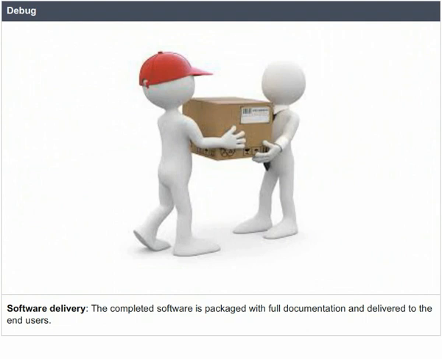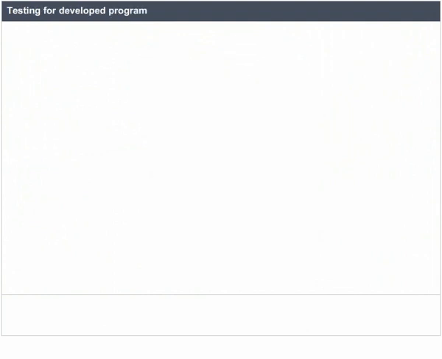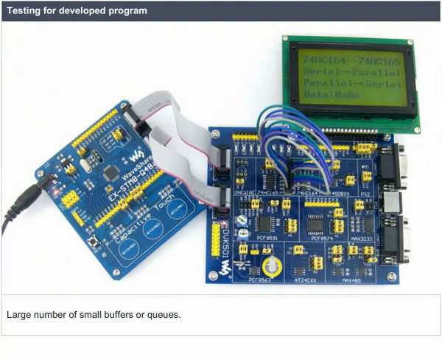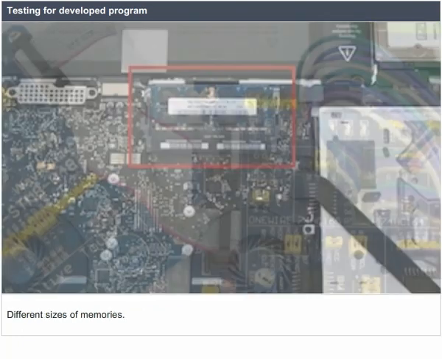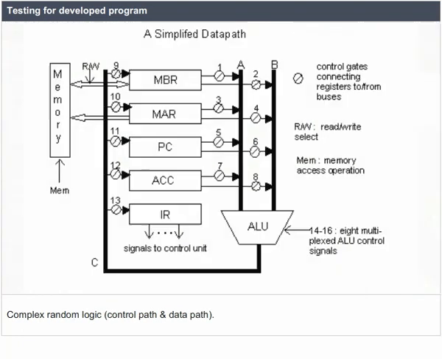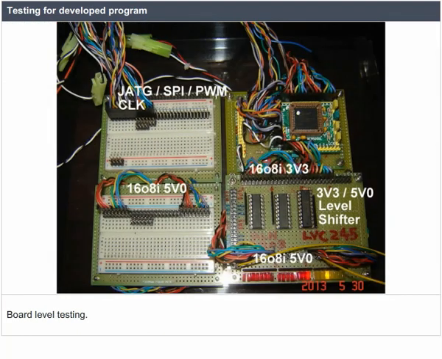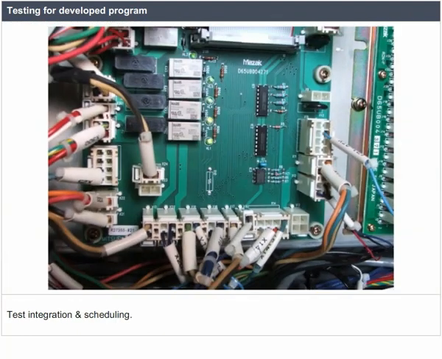Testing for the developed program. Issues in microprocessor testing: a large number of registers, a large number of small buffers or queues, different sizes of memories, complex random logic, control path and data path, board level testing, test integration and scheduling, and CAD tool support. Systems with a microprocessor.